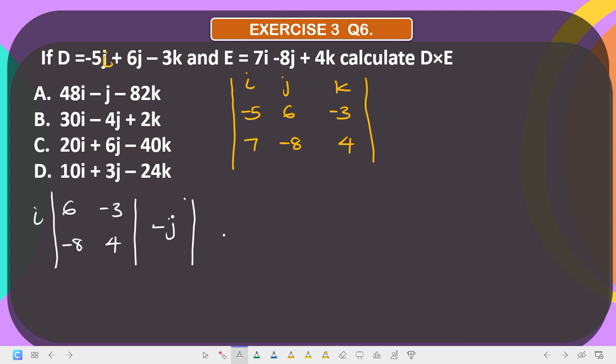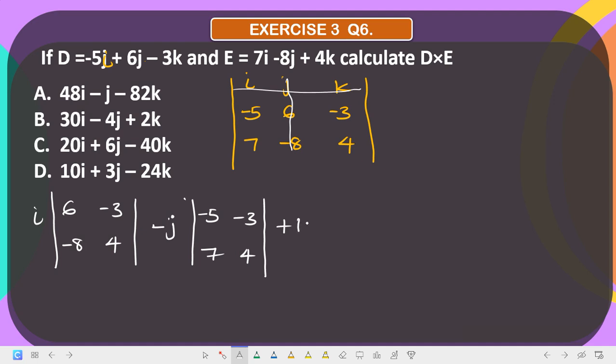Then this becomes bracket. Now, as usual, we cancel what you are actually working on now, which is J. You cancel both the vertical and horizontal of it. So if we cancel this and this, what are we left with? We are left with minus 5, minus 3, 7, and 4.